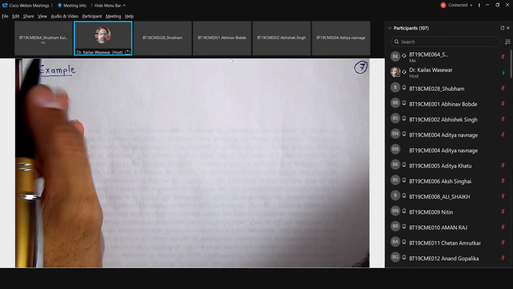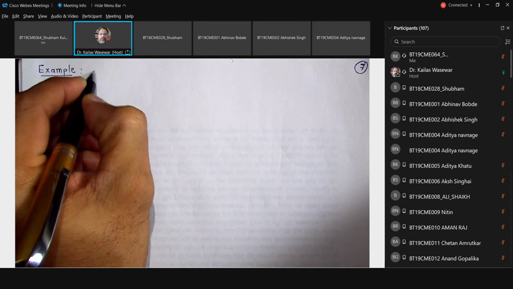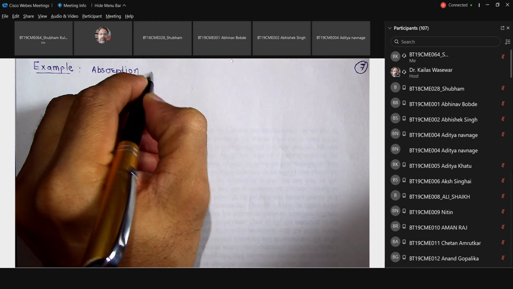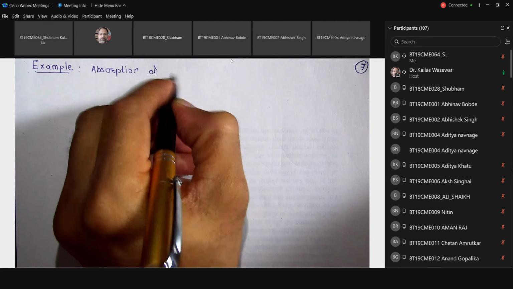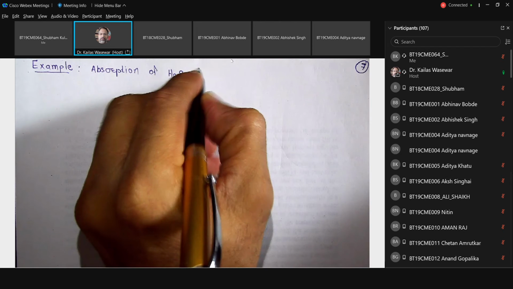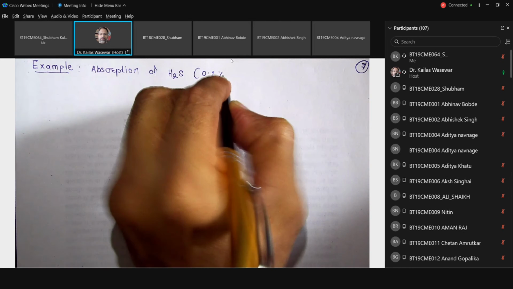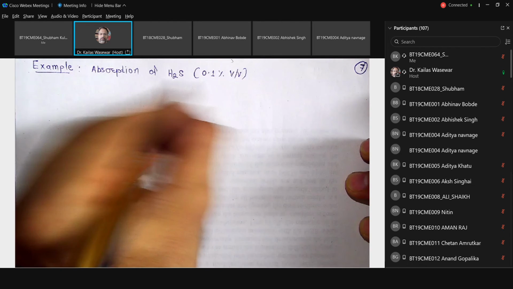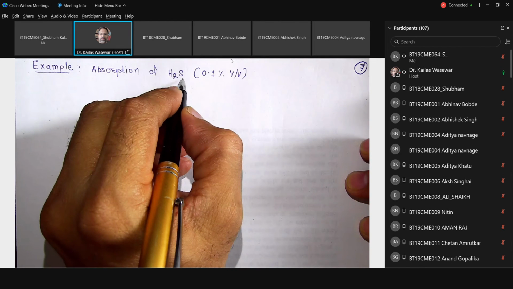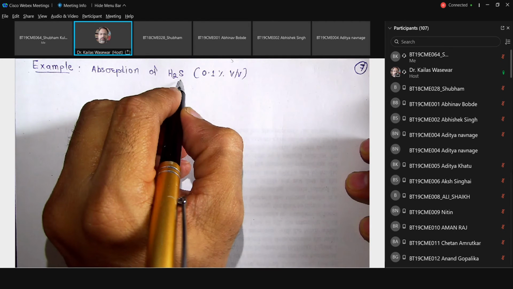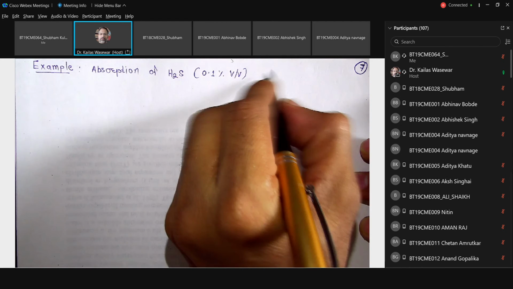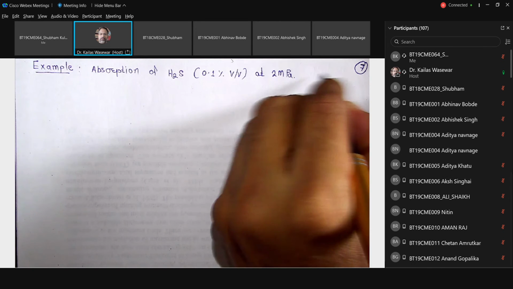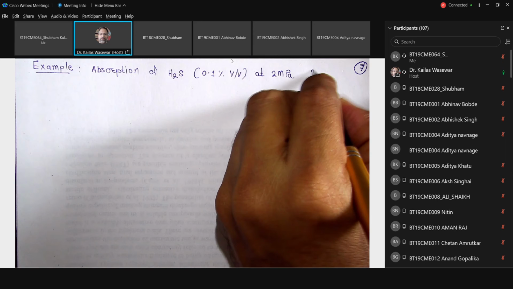Now we have to perform absorption of H2S, which is 0.1% volume by volume. Remember here, volume by volume. So H2S will be in the gas, which is at 2 megapascal, and the absorption is at 20 degrees centigrade.